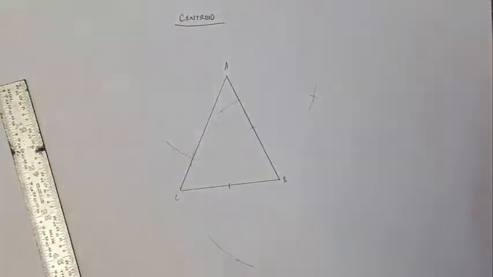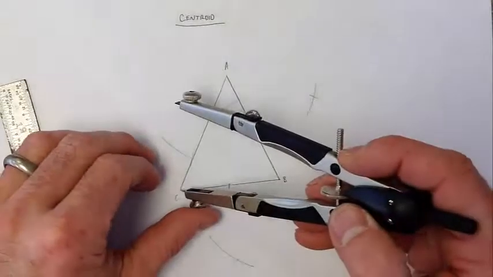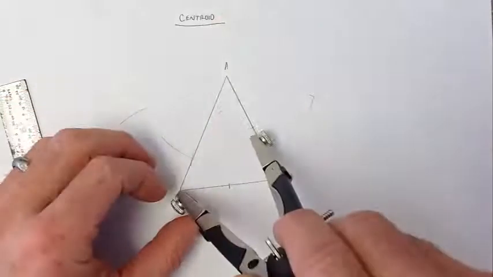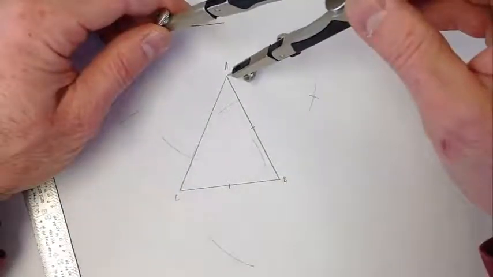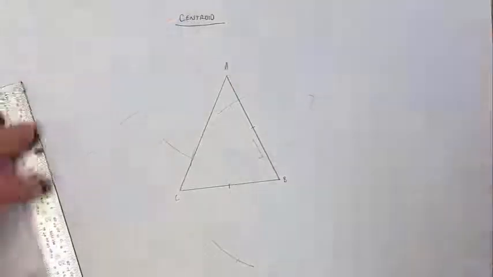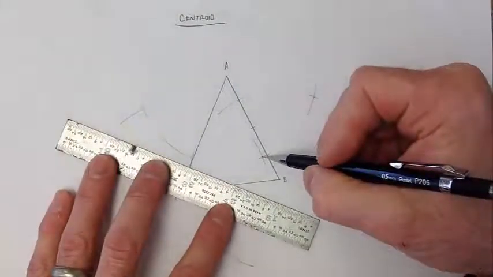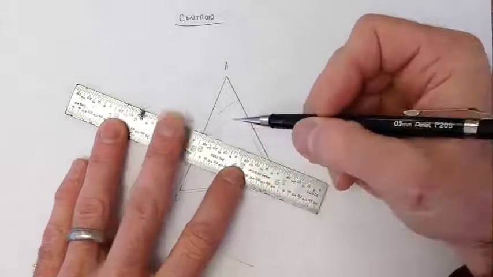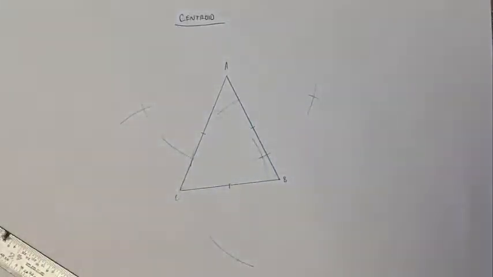And then we'll go to AC. And there we have our three midpoints. Once we've identified the three midpoints, the construction actually becomes quite simple.